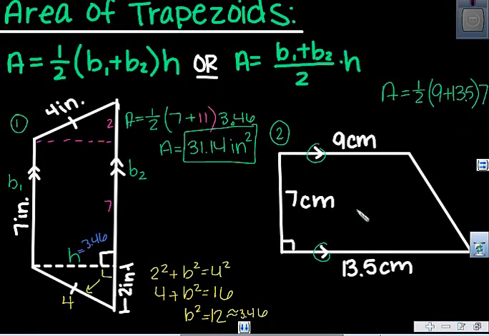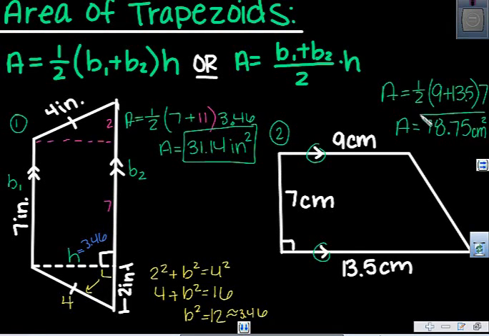So 0.5 times, in parentheses, 9 plus 13.5, close your parentheses, and then times 7. And you get approximately 78.75. These units were centimeters, so it is centimeters squared.